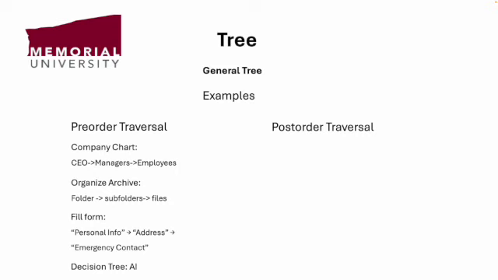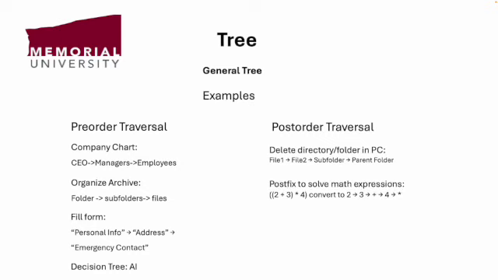Post-order traversal, an example. Let's go backward. Delete. If you want to delete a directory on your PC, what do they do? You build the directory based on the pre-order. If you want to delete, what does the computer do? The post-order, right? Delete the files first, and then the folder, corresponding to the files and the folder.